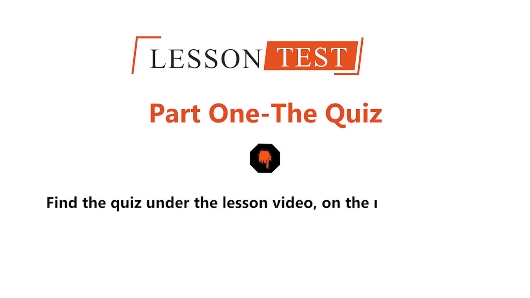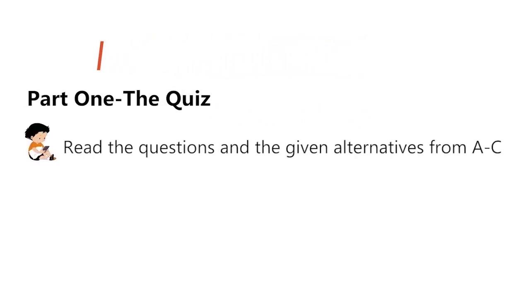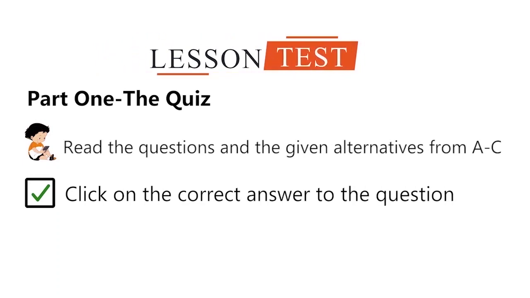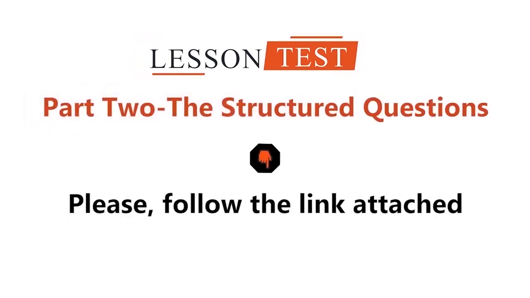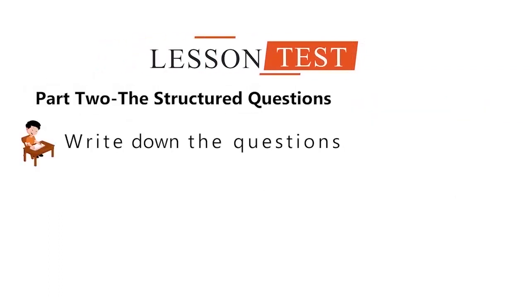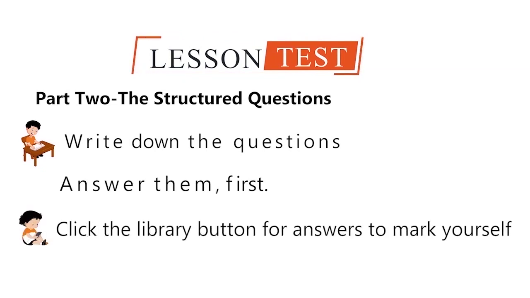Find the quiz under the lesson video on the right-hand side. Read the questions and the given alternatives from A to C. Click on the correct answer to the question. You will get the score after submitting. Part 2, structured questions, please follow the link attached. Write down the questions, answer them fast, click the library button for answers to mark yourself.